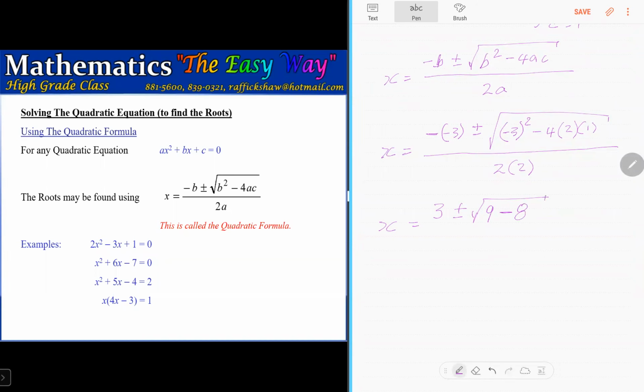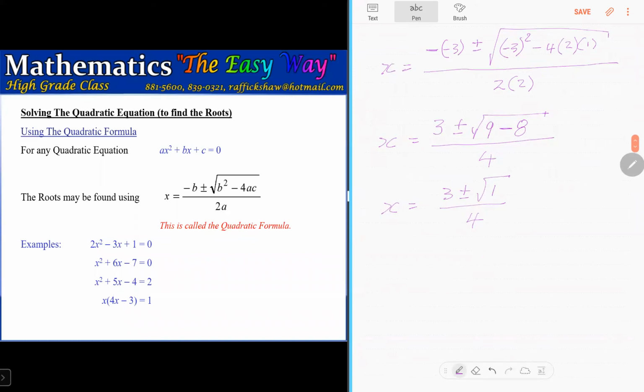So 9 minus 8, divided by 2 times 2, which is 4. Good so far? If you don't understand anything, just stop and let me know. So this becomes x equals 3 plus or minus the square root of 1, because 9 minus 8 is 1, divided by 4. The square root of 1 is 1.